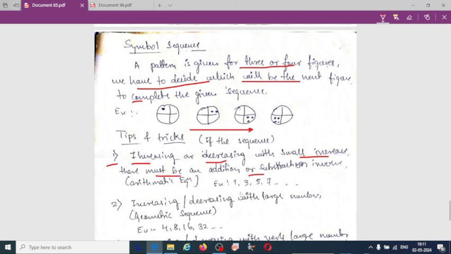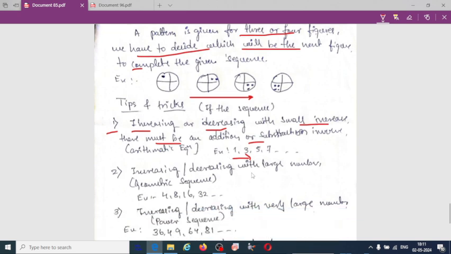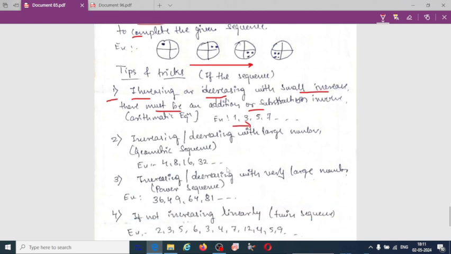If you observe the sequence and see a small increase or decrease in the number, then you can consider it an arithmetic sequence. For 1, 3, 5, 7, the difference is small: 3 minus 1 is 2, 5 minus 3 is 2. So there will be a small increase in number if you do the addition or subtraction.